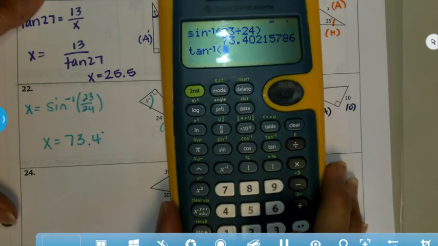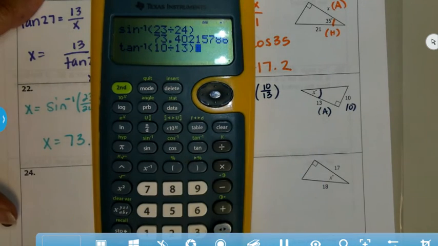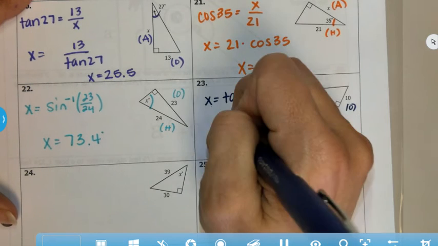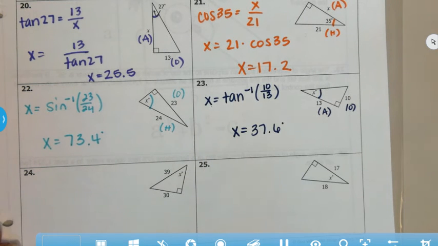Tan inverse of 10 over 13 is 37.6 degrees. All right, 24, go ahead and find angle x in 24 now.